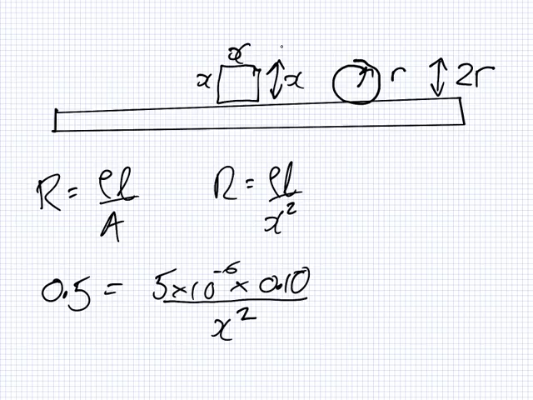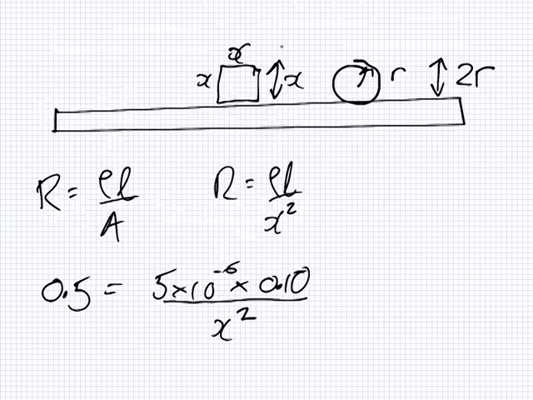Okay, so let me just see. 5 times 10 to the minus 6 times 0.10, divided by 0.5, and then I'll bring the x squared up and square root it.